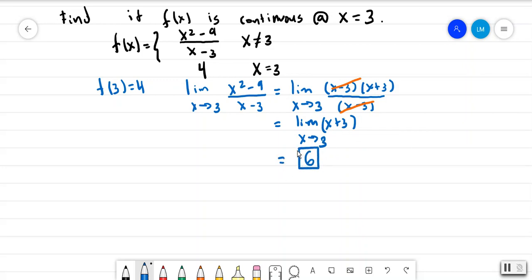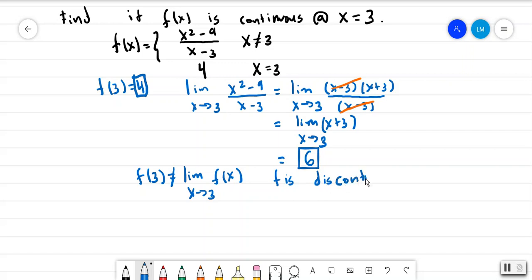So the limit did exist, but when I check the last bit, I find that f of 3 does not equal the limit as x approaches 3 of f of x, because here it's equal to 4, and the limit is equal to 6. So in that case, f is discontinuous at x equals 3.